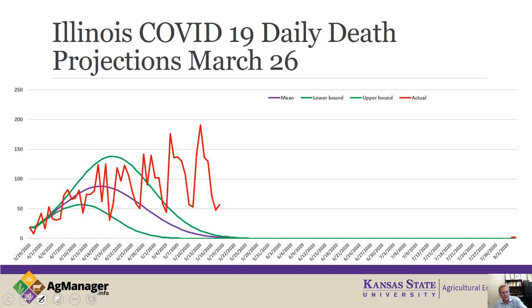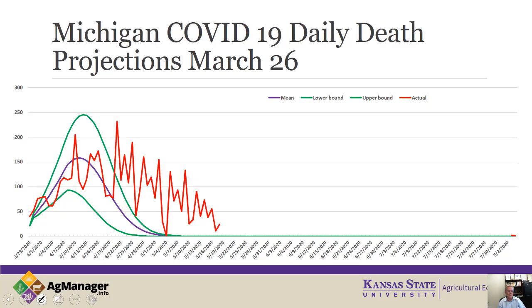If you look at Illinois, the trend is going the other way all the way through this. Certainly there are ups and downs, and you would hope that maybe there would be a downward trend here. But if you put a trend line in since the middle of April, certainly it's been up.